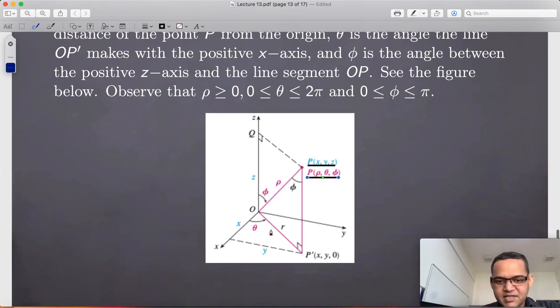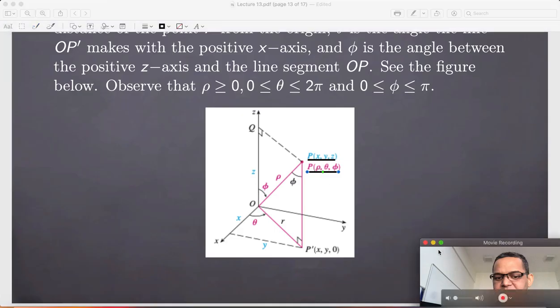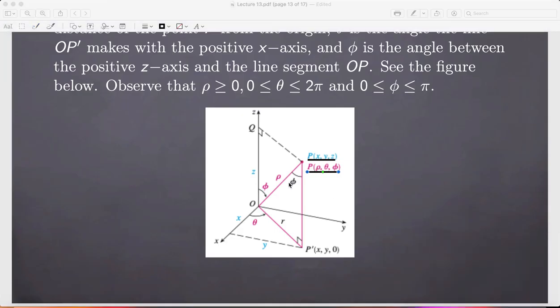As this picture says, I started with a point P in this space. Now you draw a line from this point to the origin. This gives me the distance of this point from the origin, which is written as rho, and for any point you know that the distance is unique.